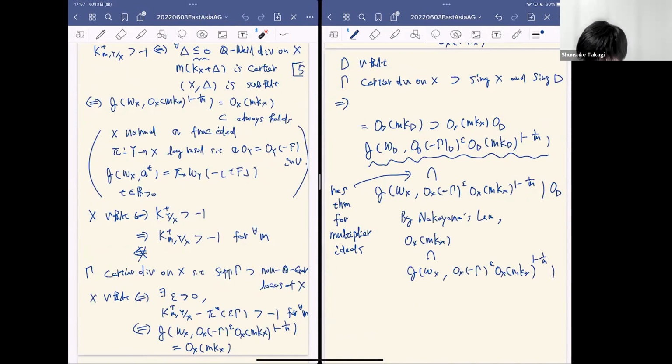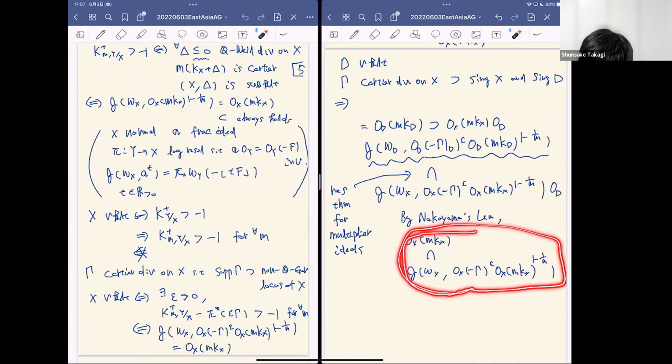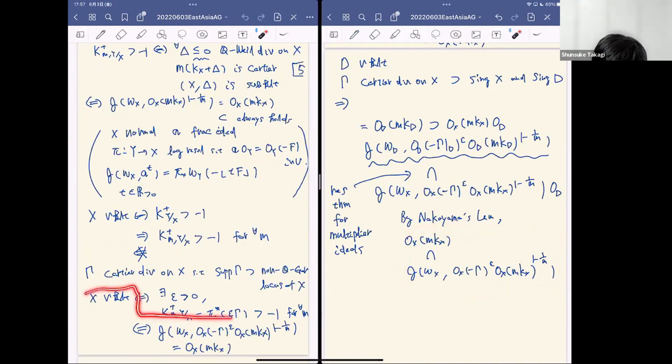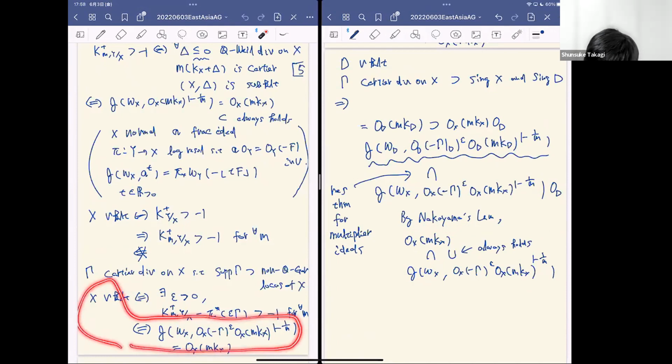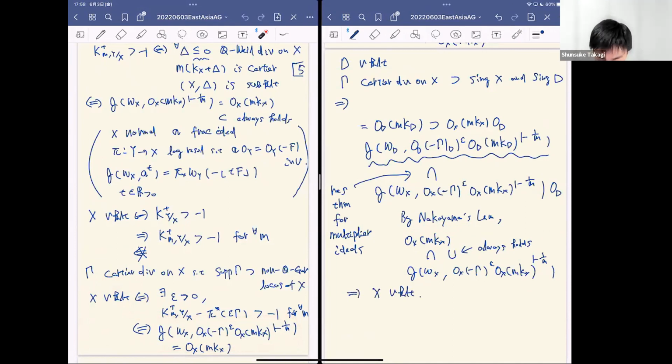This is an easy consequence of Nakayama's lemma. Then we apply this characterization again. The opposite inclusion is always false, so we get an equality, and this equality implies by this characterization that X is variative KLT. So this is our strategy.